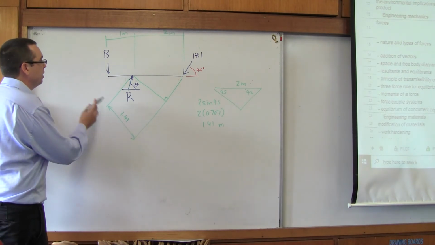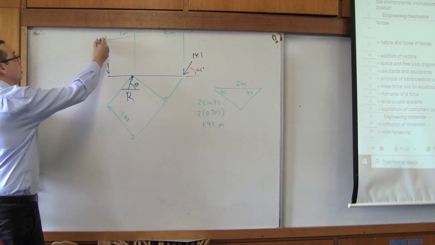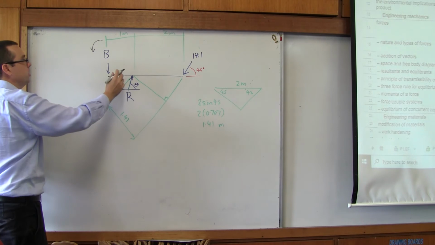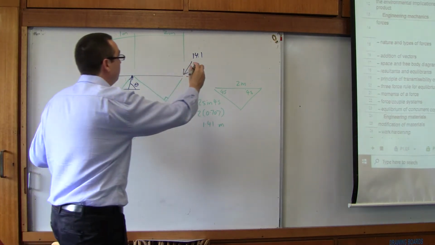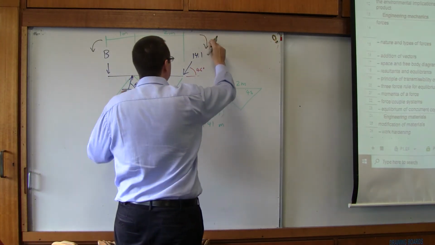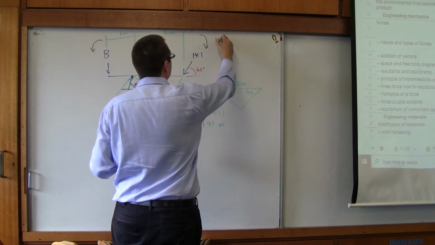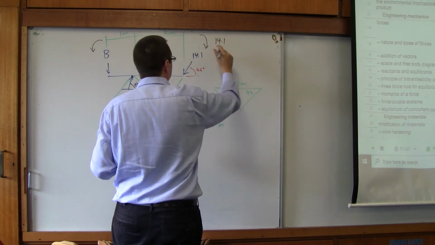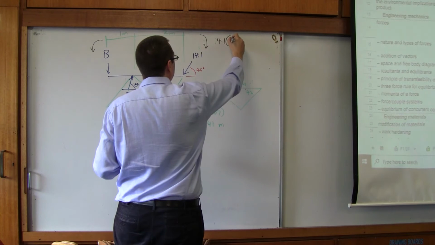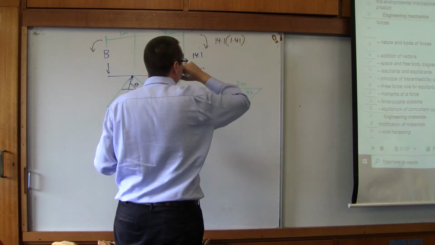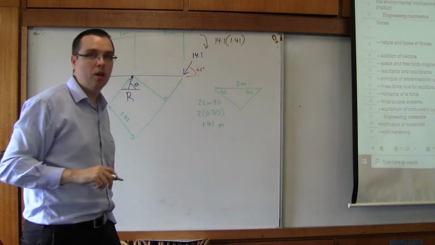Now the turning force of this side of the beam is going to be 14.1 newtons multiplied by 1.41. Does anyone know what that will be? I'm pretty sure it's going to be 20.